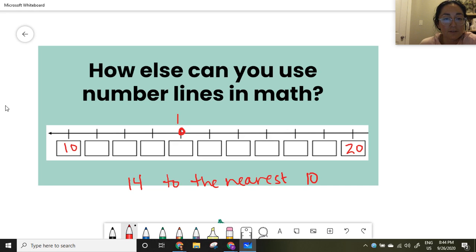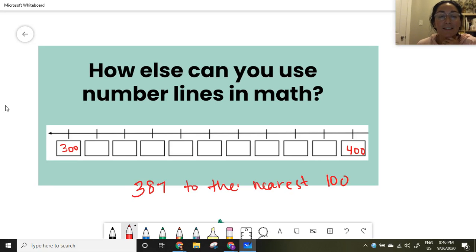Here it is. Here's 14. And now I can remember if my number is 5 or more, I'm going to go up. But if my number has a 4 in the ones place, then I'm going to go down. So I'll remember that 14 is going to go down to this 10. So if I'm rounding 14 to the nearest 10, my answer would be 10.